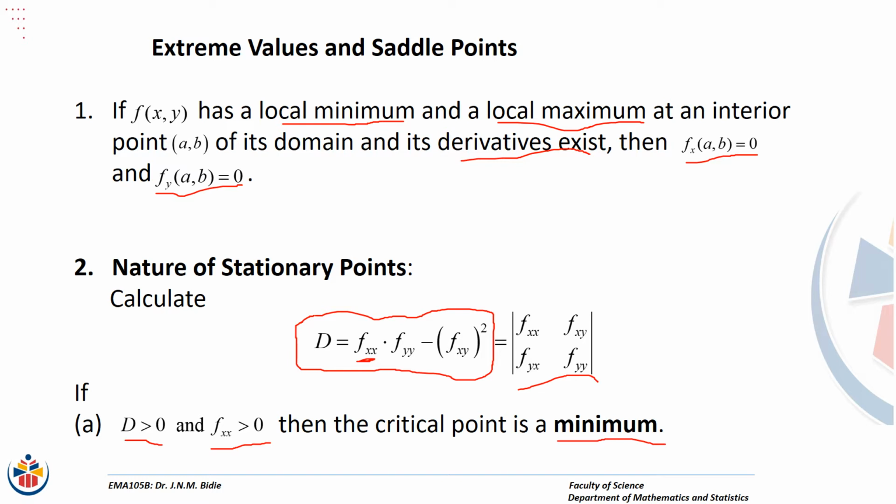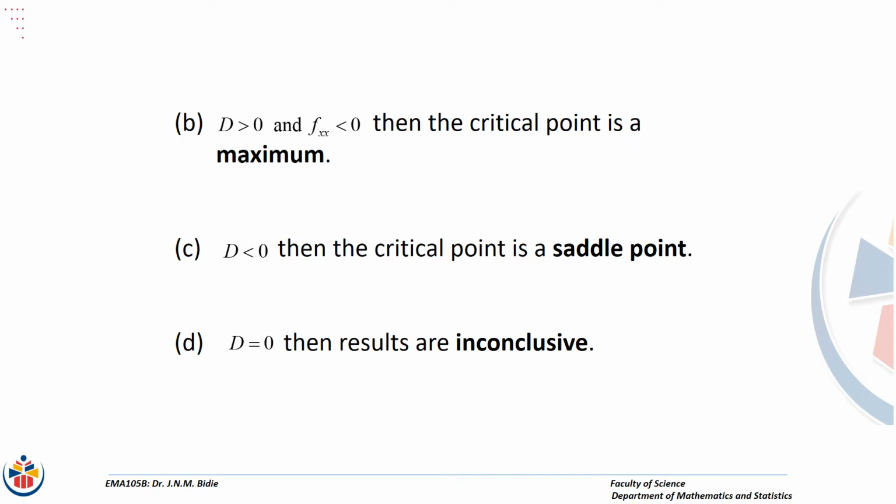Then for a maximum, we go to B. Again, note that D must be positive, but the second derivative with respect to x is negative, then you get a local maximum.